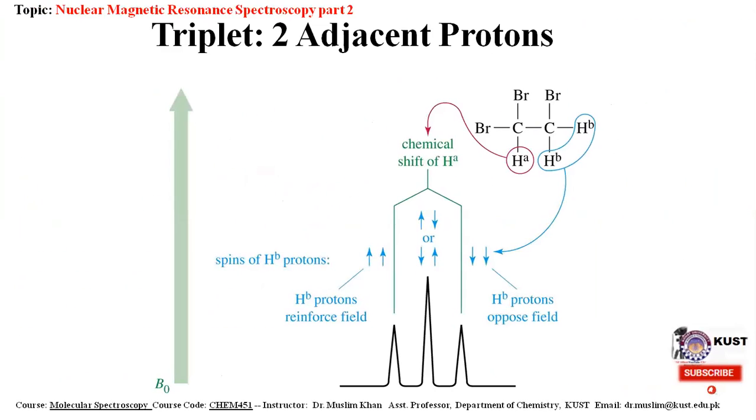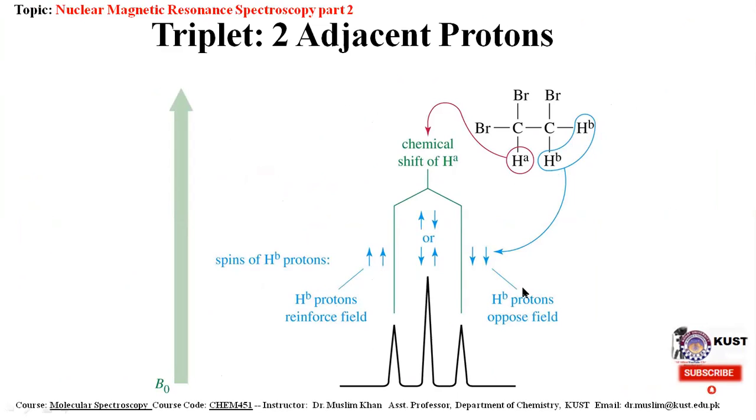While the signal for this hydrogen is split into three. How? Because of the two Hb hydrogen atoms. In one possibility, both Hb protons reinforce the field, and it gives a signal like this.